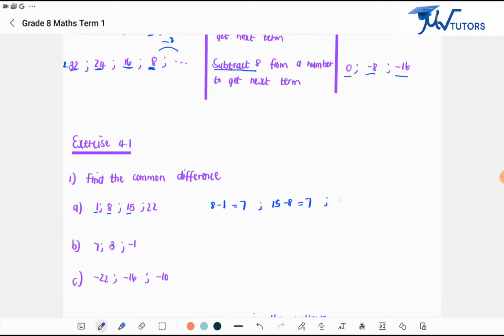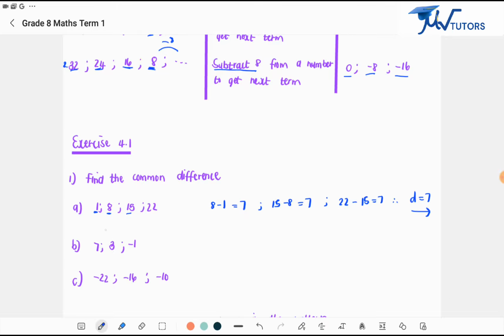If I still am in disbelief, I can say what is 22 minus 15? I get 7. So basically the common difference, I'm just going to call it D, that is 7. That's my answer. That's how you basically try to get the common difference. You take the bigger value minus the previous value.